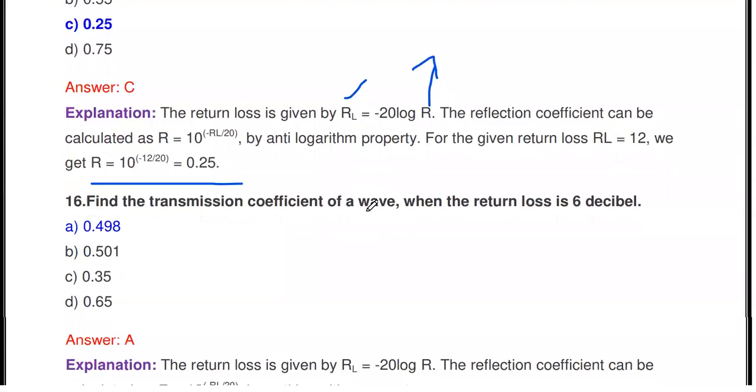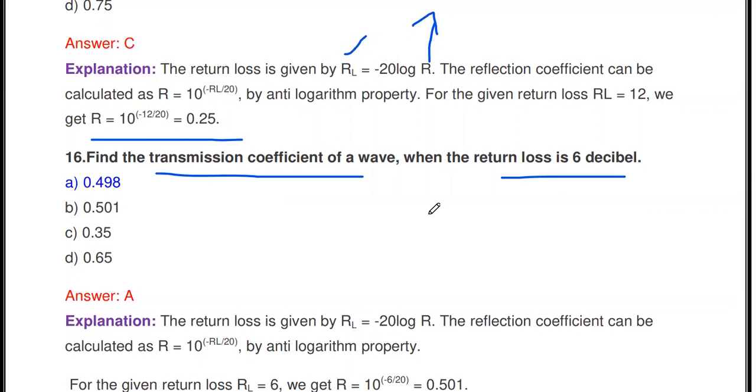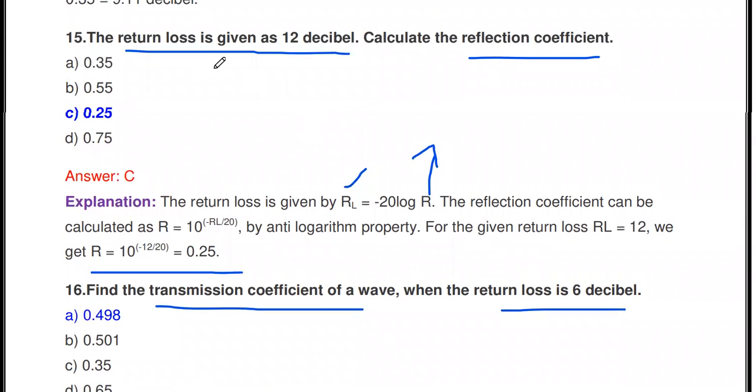Then the next thing: find the transmission coefficient when the return loss is 6 dB. Similar to the previous problem. In the previous problem, return loss is given and we had to calculate the reflection coefficient, but here the question is the transmission coefficient. Simple one.